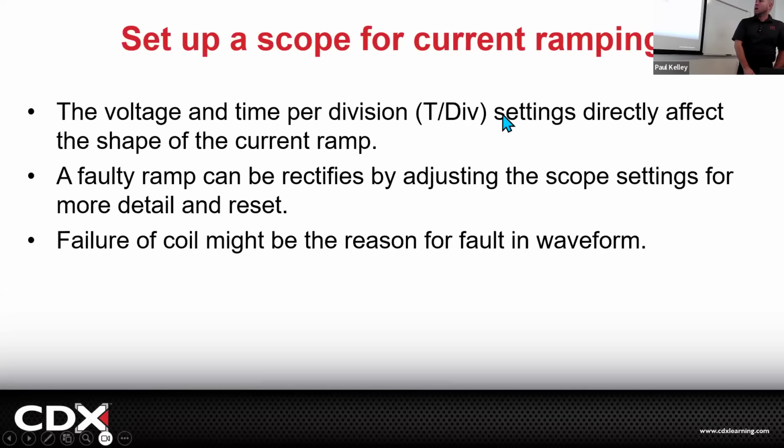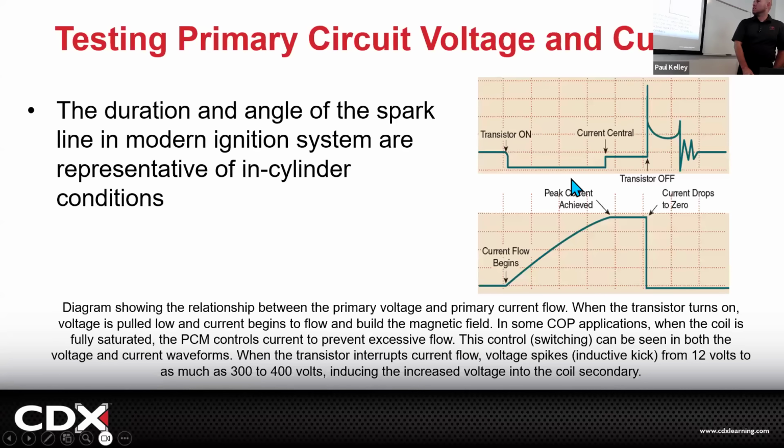And then the voltage and the time per division settings, that's all going to affect the shape, right? So if your shape was supposed to look like this, but it looks kind of the same, but really condensed, it might be because you have your time per division messed up.